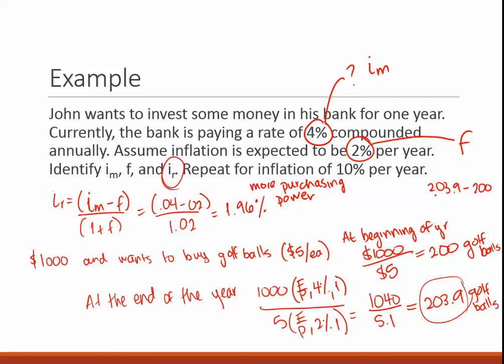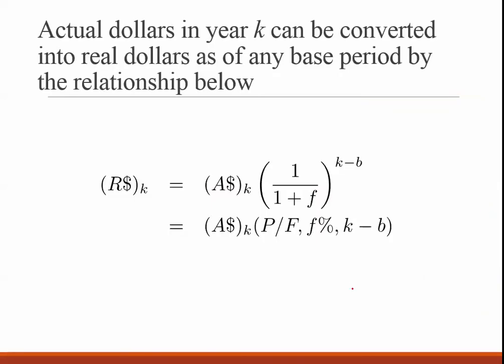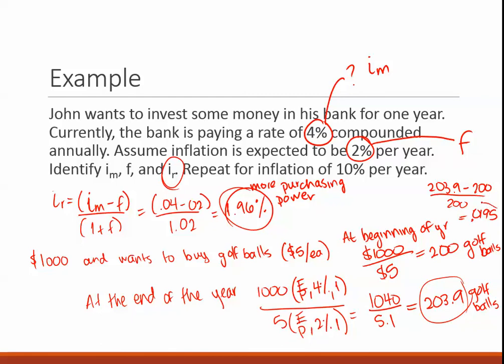Divided by 200 to find the percent change. This is equal to 0.0195, which is this. Slightly off, but that's because I rounded down here. So this is where that came from.